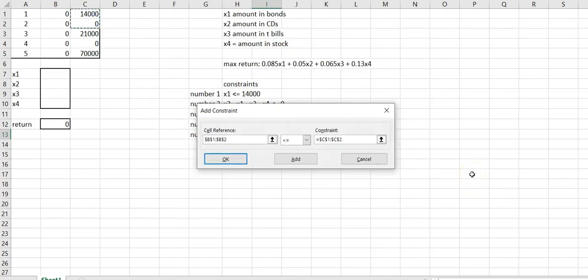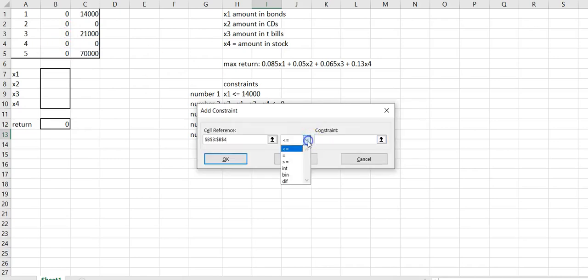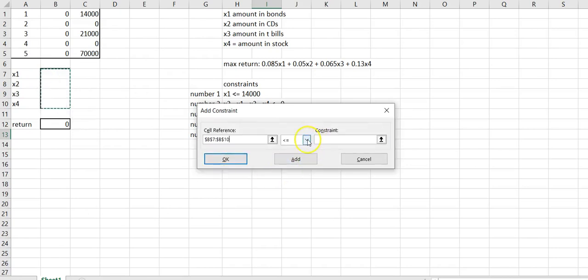Okay, the first two were less than. B3 and B4 were greater than C3, C4. Okay, but B5 needs to be exactly equal to the 70,000.